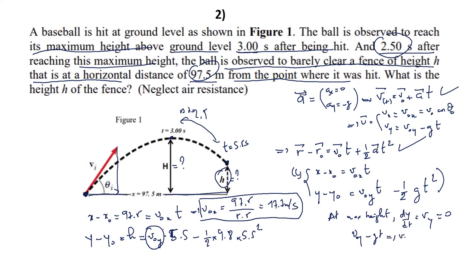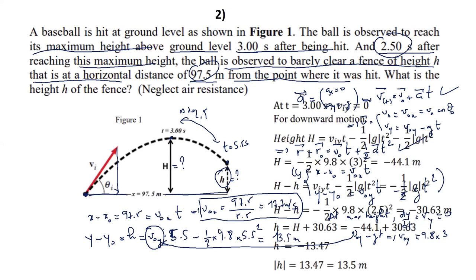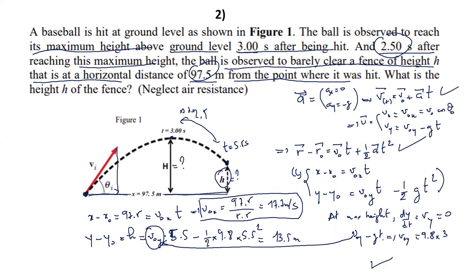So that means that V naught y is just g, 9.8, multiplied by the time at maximum height, which is 3 seconds. So I got V naught y. Once I get V naught y, I will just plug it here, and then I will get my h. If you do it properly, you will find 13.5 meters. Clear? Okay, good. So 13.5 meters is my solution here. Of course, in the slide, I use a different kind of notation, but this is straightforward and you should get this very quickly.